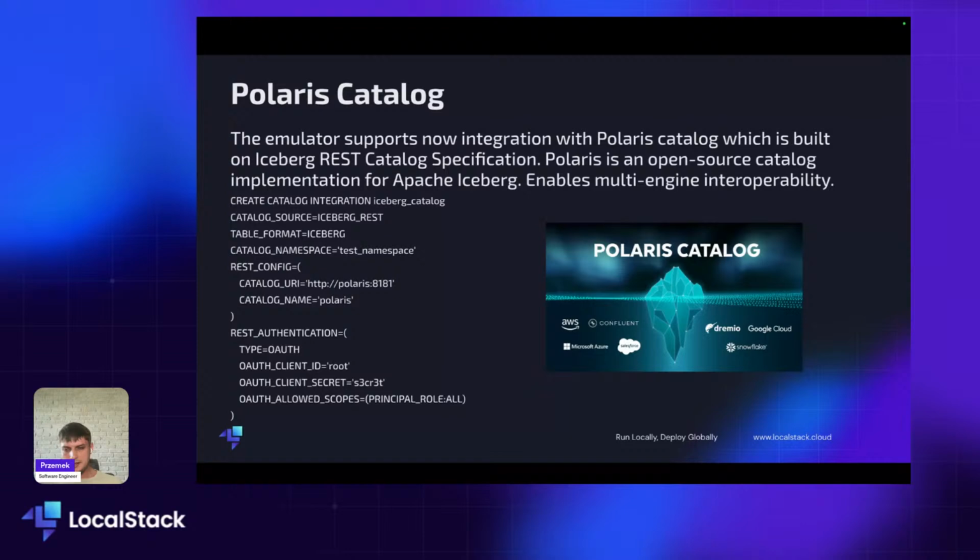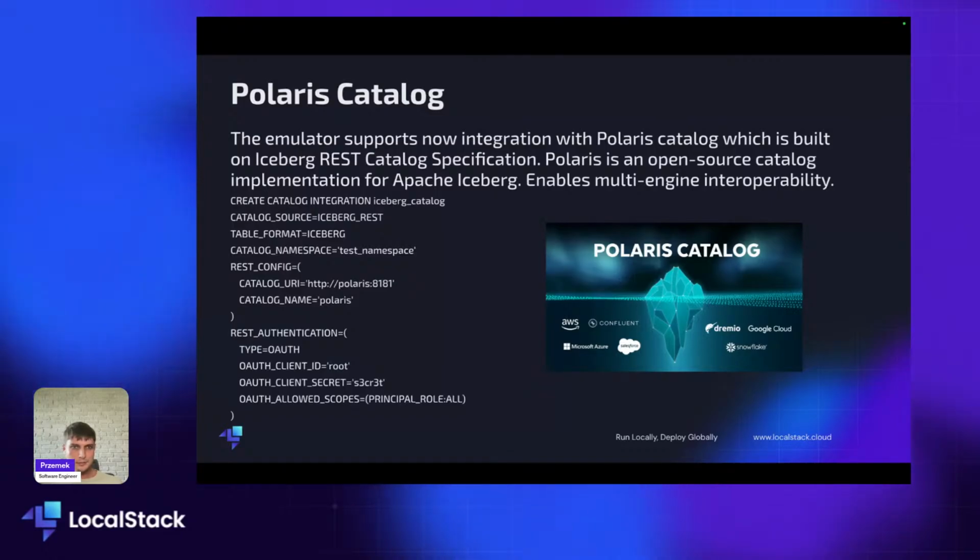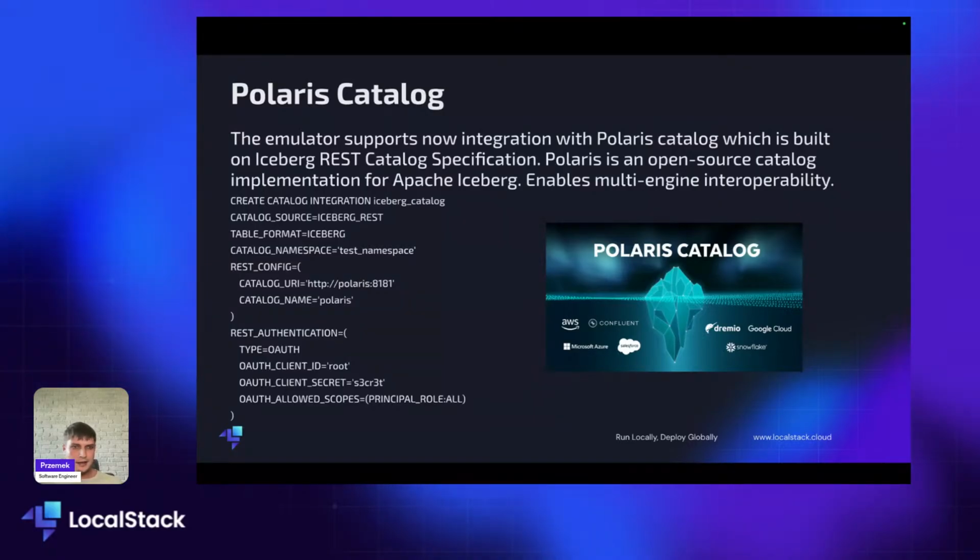Polaris supports different query engines and database platforms like Snowflake, Dremio, and also Trino, which I am also going to present later on. In order to use catalog integration with the Snowflake Emulator, we need to run a create catalog integration query, which is presented on the left-hand side, but I will dive into more details during my Polaris catalog integration demo later on.